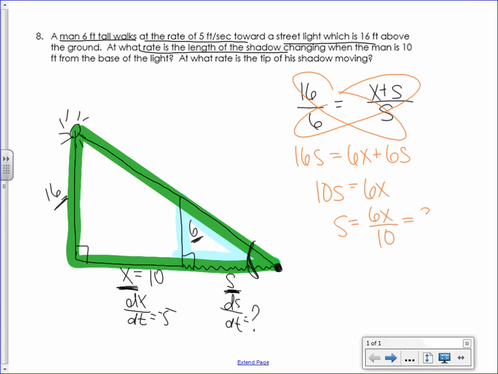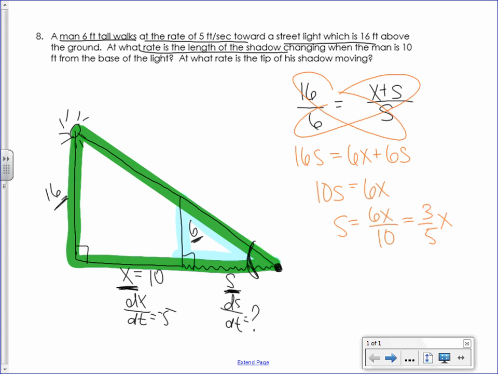Yep, 2 goes in there 3 times. Sorry, did I do that right? Yep. So that's going to give me 3/5 x.